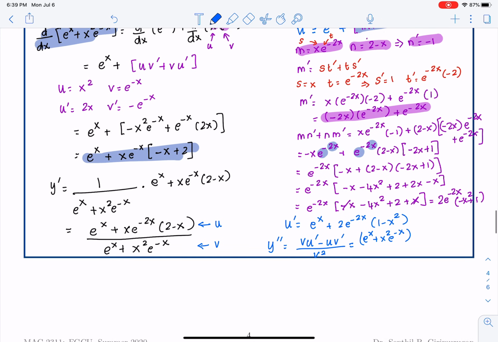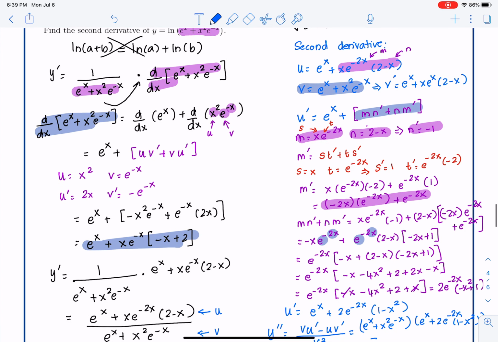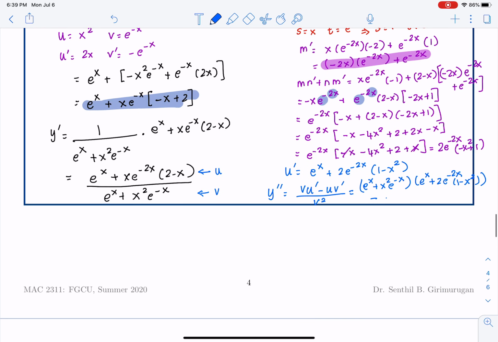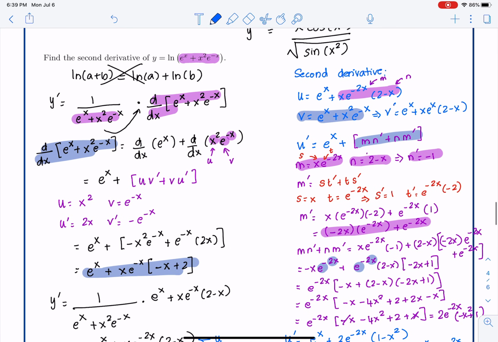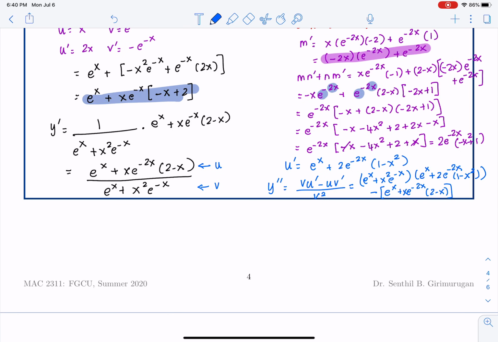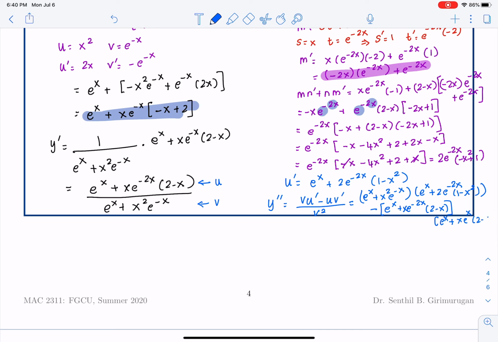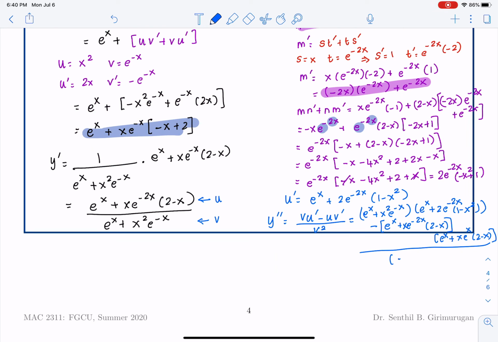U prime is e raised x plus 2 e raised negative 2x times 1 minus x squared, minus u, which is e raised x plus e raised negative 2x times x times 2 minus x, multiplied by v prime, e raised x plus x e raised x times 2 minus x, and the entire thing would be divided by v squared, and that would be e raised x plus x squared e raised negative x, squared.